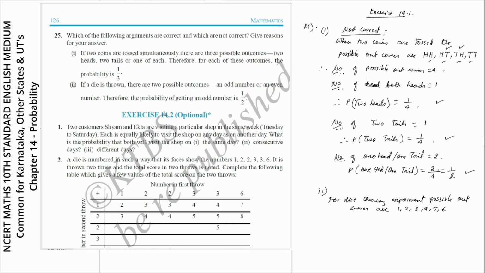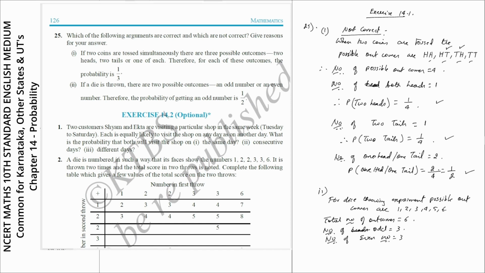So here, what is the total number of outcomes? The total number of outcomes is equal to 6. Now out of these 6 outcomes, the number of odd numbers is equal to 3, and the number of even numbers is also 3.